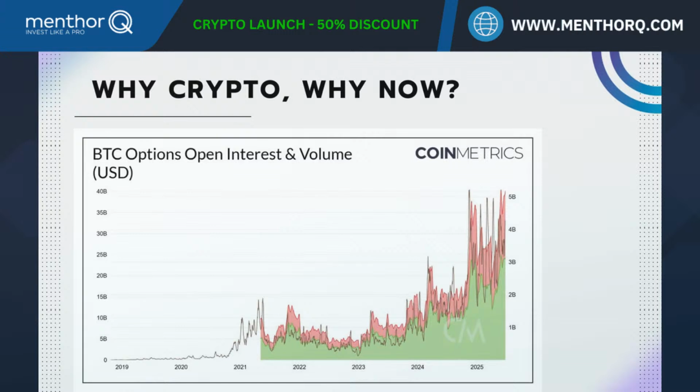Here we see the change in open interest on Bitcoin options coming from the derivatives market. The open interest went from about $5 billion in 2022 to about 30 plus billion dollars in 2025. So really exponential growth in terms of open interest, which is of course a very, very important data point.